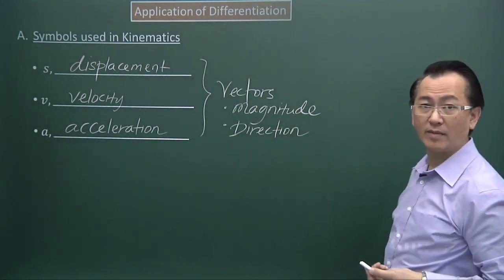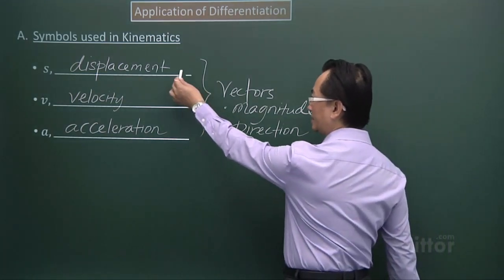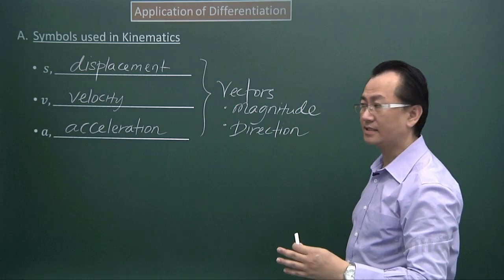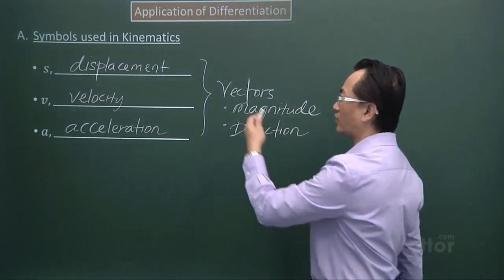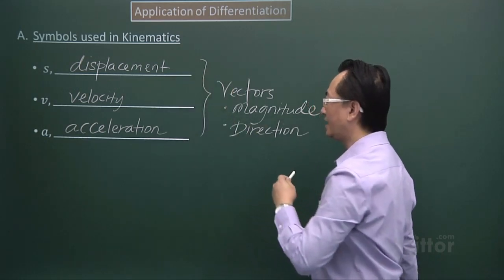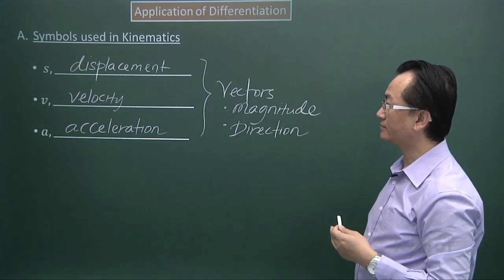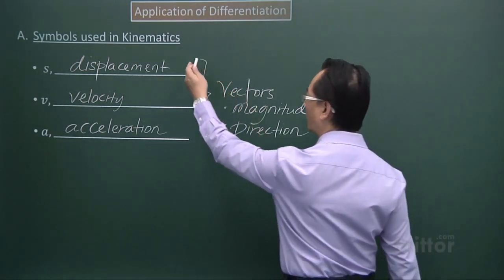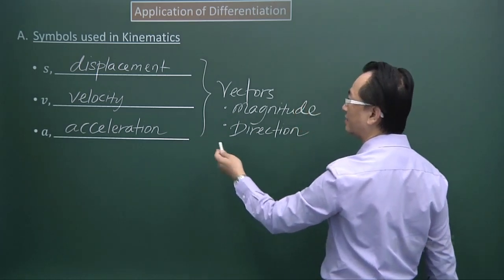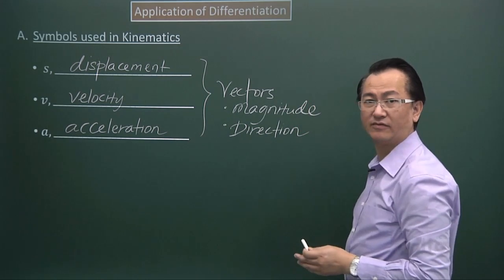When we talk about magnitude, we are talking about, in this case, the distance. And direction, in this particular case, is how far it is from the fixed point. So you would expect, because it's a vector, that negative values are possible.